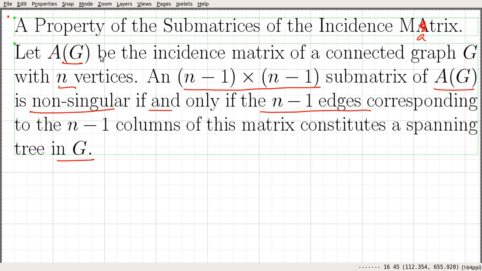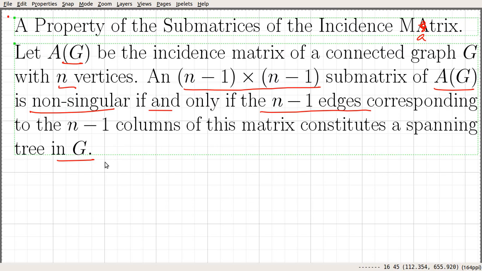So let me read this particular statement once more. Let A of G be the incidence matrix of a connected graph G with n vertices. An n minus 1 by n minus 1 submatrix of A of G is non-singular if and only if the n minus 1 edges corresponding to the n minus 1 columns of this matrix constitute a spanning tree in G. So before proving this theorem, let's look at some examples.